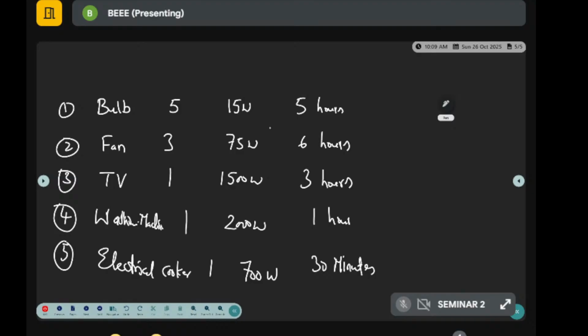Okay, this is the question. Now write down the solution, make a table. The table consists of serial number, name of the appliances, number of appliances, wattage per quantity, and time.